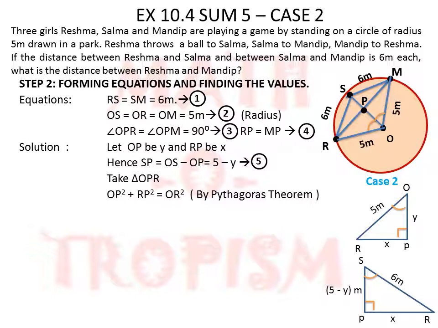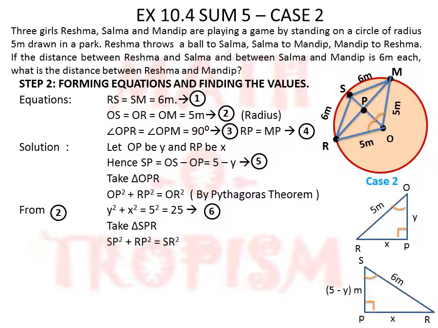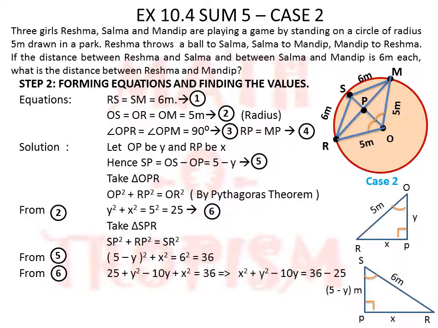This is by the Pythagoras theorem. So again y square plus x square is 5 square, which is 25. We will keep it as equation 6. Again taking the other triangle SPR, we have SP square plus RP square is equal to SR square. So (5 minus y) the whole square plus x square is equal to 6 square, which is equal to 36.